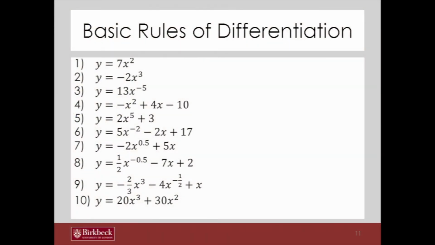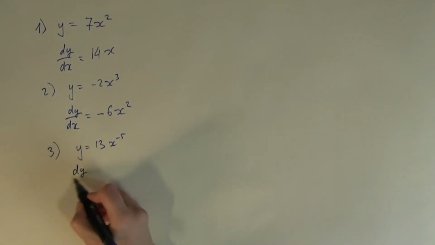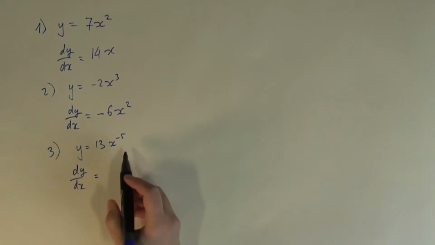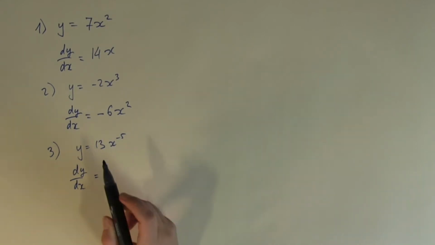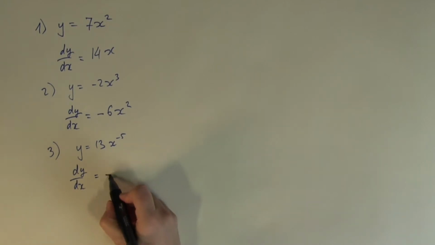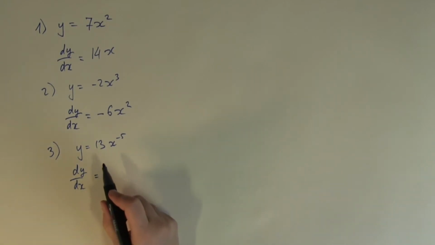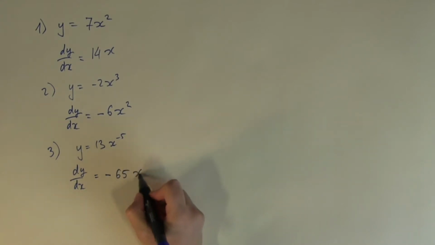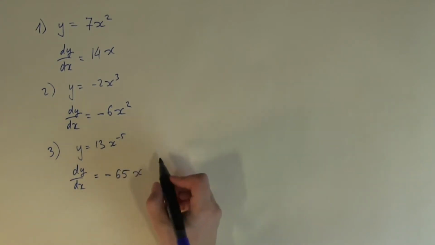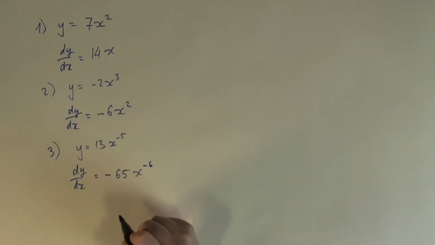Third example, if y is equal to 13x to the minus 5, then what will be the derivative? Well, again, bring the power down, but that means I'm going to have to multiply a positive and a negative together, so that gives me negative. 5 times 13 is 65, and the power of x is minus 5 minus 1, which is minus 6.